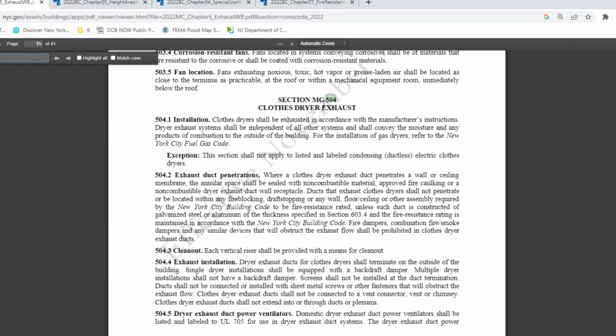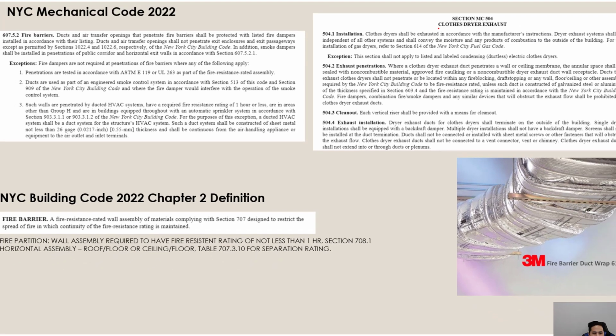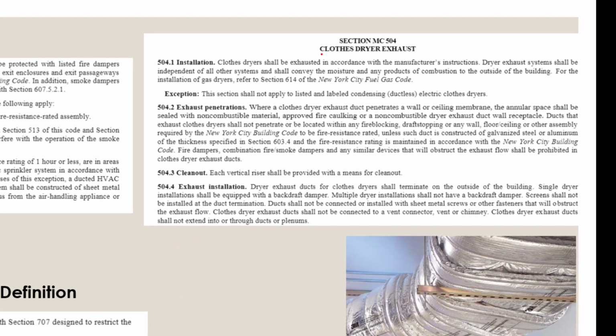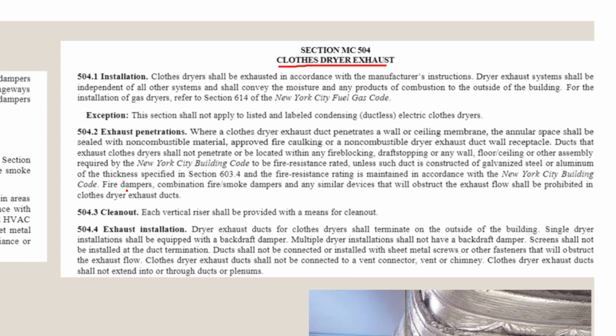And this is the section I want to talk about since it's very common to have closed dryer exhaust in a building. And some of the main points I want to talk about for a closed dryer exhaust is that fire dampers are actually prohibited, as well as combination fire smoke dampers.